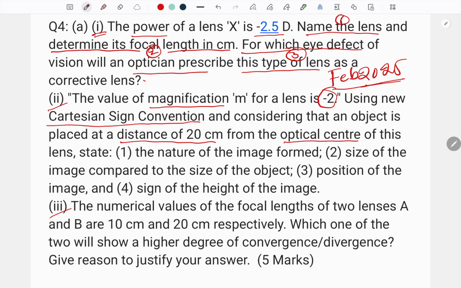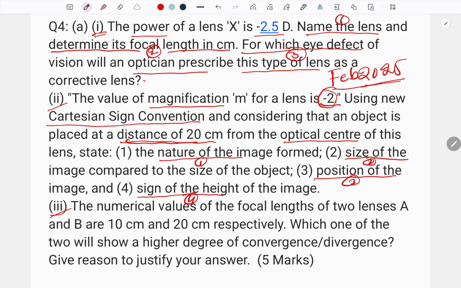Based on these two, magnification and object distance, we have to find out first the nature of the image, second the size of the image formed, third the position of the image, and fourth the sign of the height of the image. So by using this magnification and object distance, we have to find out all these four things.